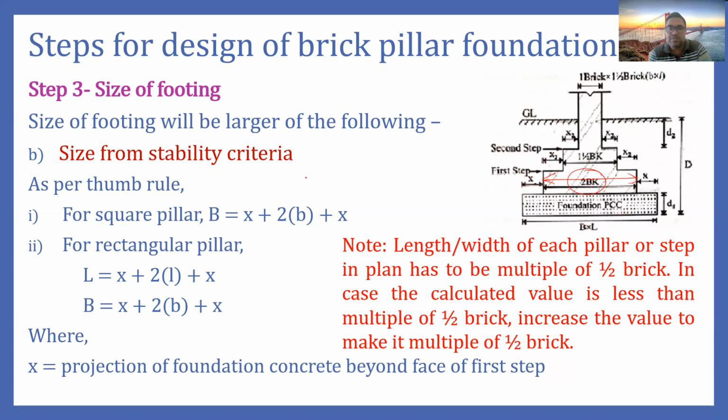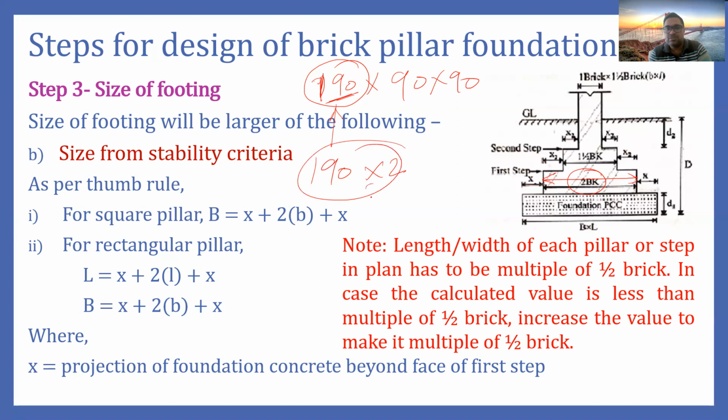So if I say 1 brick thick, we know that modular brick size is 190 by 90 by 90. So in this case, 190 is the length of brick. So when we say 1 brick, it means we are talking about the width of brick wall with the thickness of 190. So 1 brick means 190. Similarly, 2 brick means 190 into 2, which means 380.